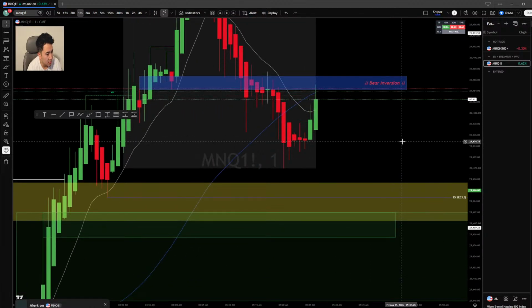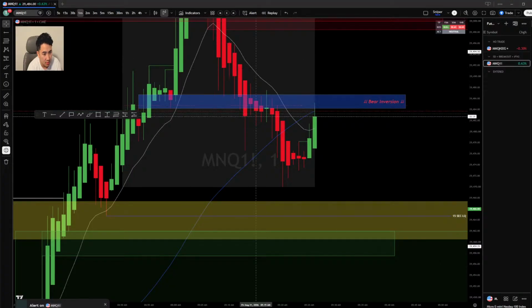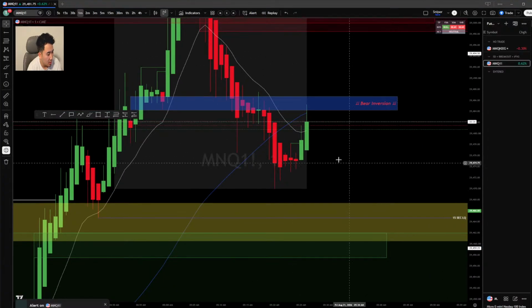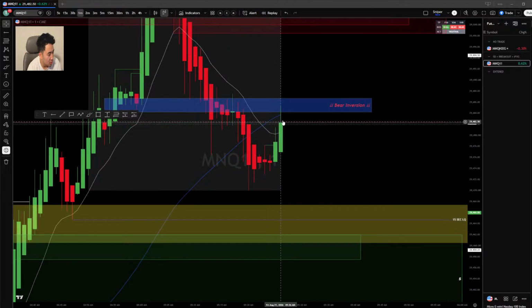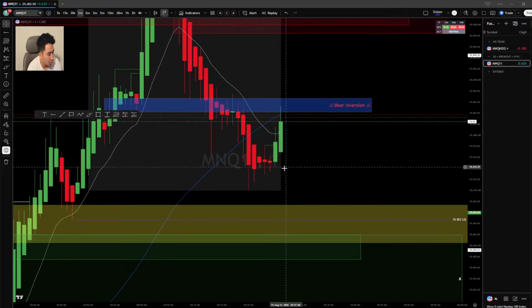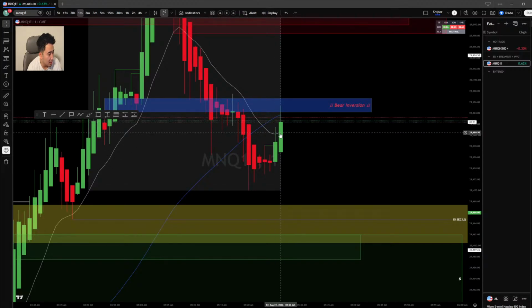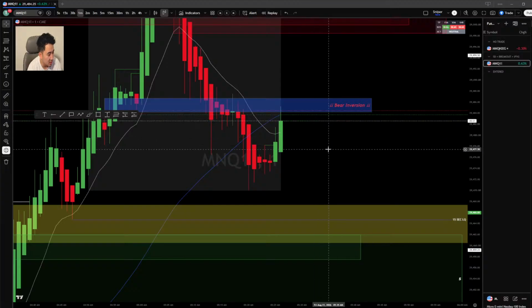See if this holds. I'm gonna need a candle with a long lower wick that closes below this. That candle body also has to close below this 13 EMA as well.